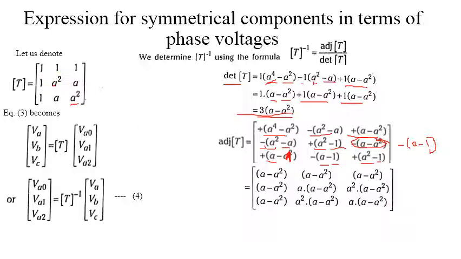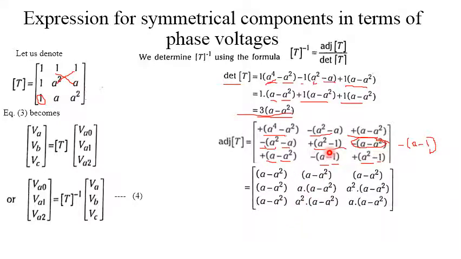Here, for this term, this is 1 into a, and 1 into a square. So this is not 1, sorry, this should be the term a square. So this will become a minus a square.